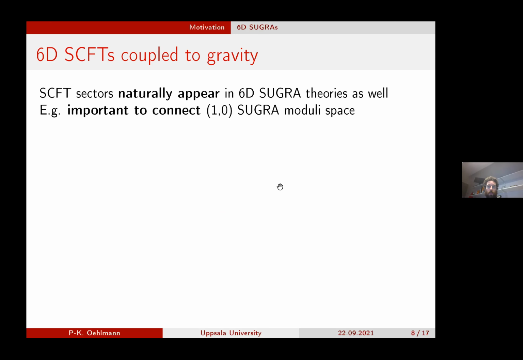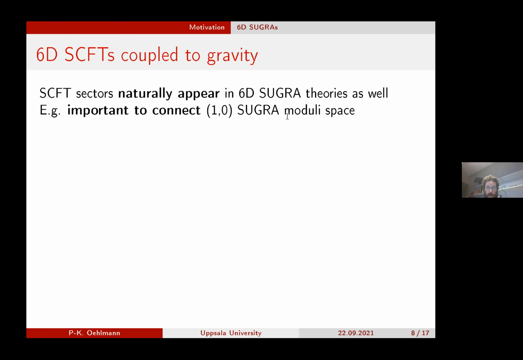So very good. So now we have these SCFTs, and now we want to somehow incorporate them in the supergravity theory. And this is actually something that happens extremely naturally and very often. In many of the recent supergravity literature, you will see that SCFT sectors or E-string sectors and whatnot naturally appear in your supergravity theories.